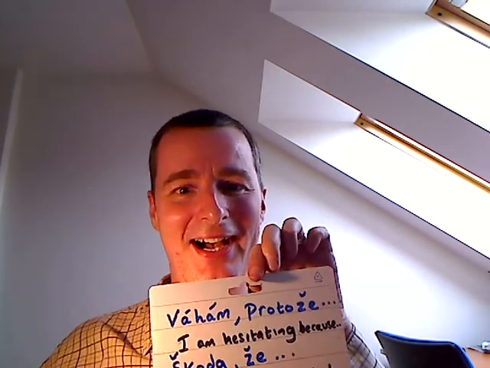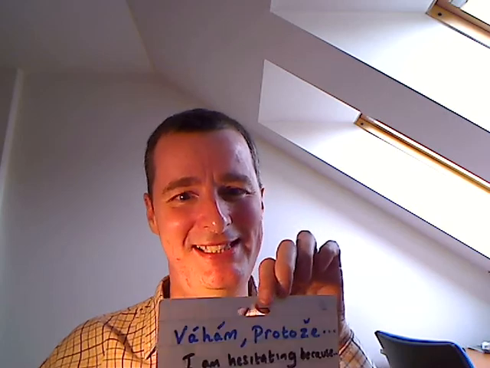Or imagine somebody's asking you your opinion on something and you're stuck for the words. Oh, I don't know what the words are in Czech. So instead of saying that, you can pretend you're thinking, and then you can say, váhám, protože.